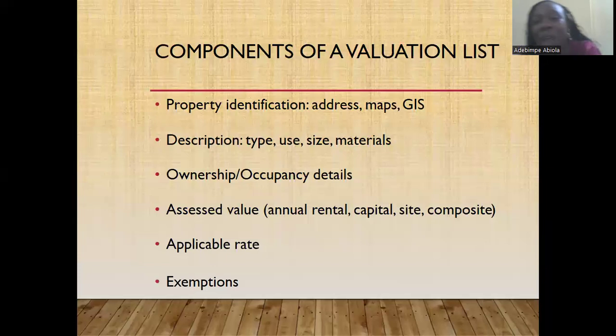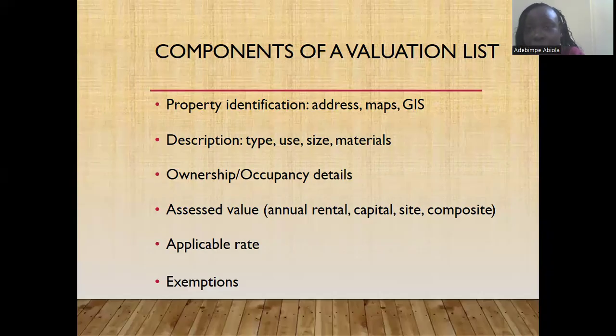And also we have various components of the valuation list. I said it earlier that it must have property identification. And what do I mean by property identification? It shows that the property you're examining is in a location, and location is very paramount. So the first one is the address.